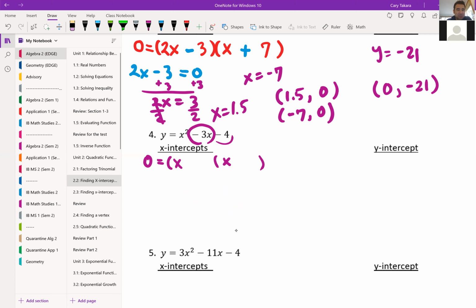So what's the other choice? If 2 times 2 does not work, then what is it? It's going to be 1 times 4, isn't it? Okay. Yeah, very good, Kimberly. Thank you. So that's 1x, and that's a 4x.